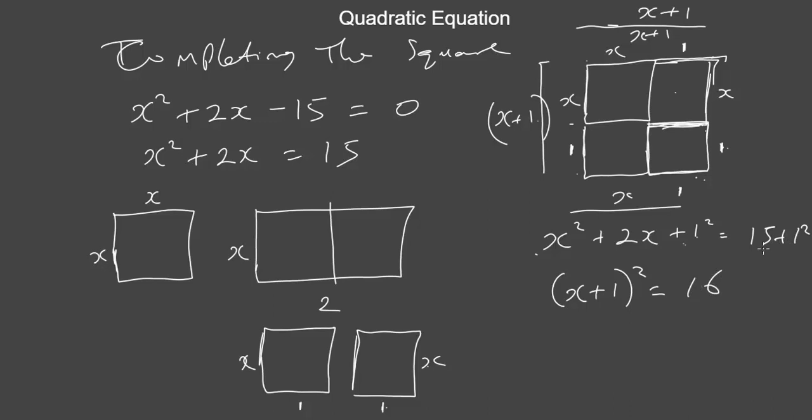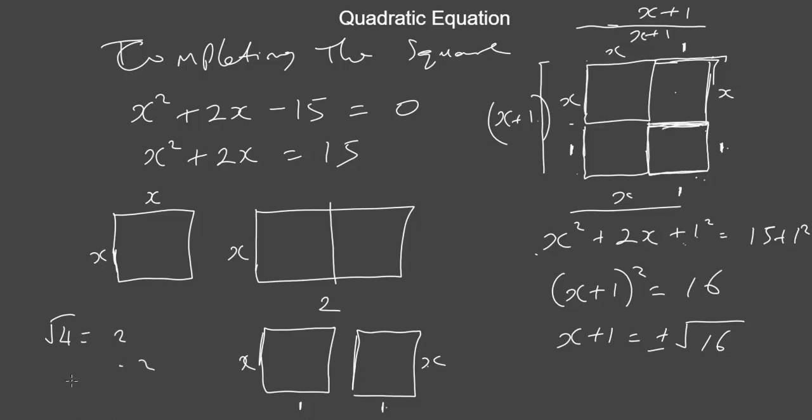So now we proceed to look for the square root of both sides. Now that gives us x plus 1. But if you take the square root of this, it could be plus or minus 16. So why in math we use the word plus or minus is this. If you square a number, for example, the square root of 4 is either 2 or minus 2.